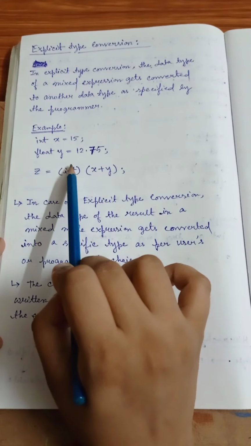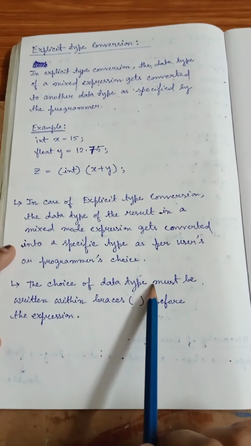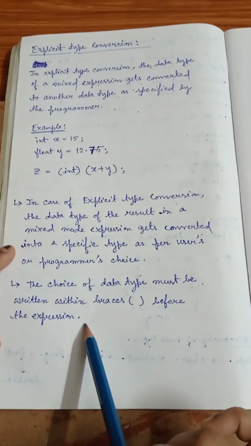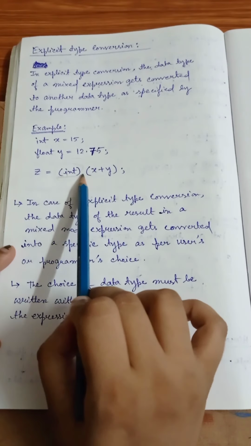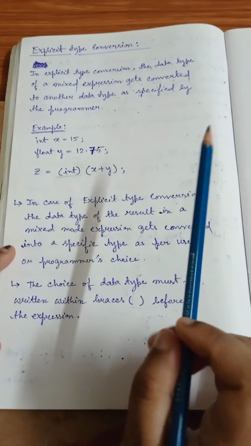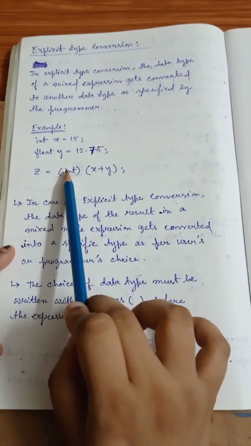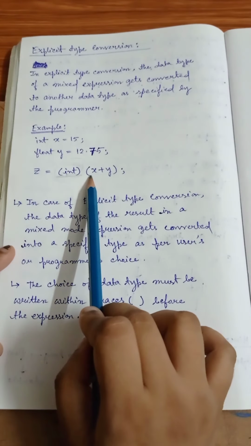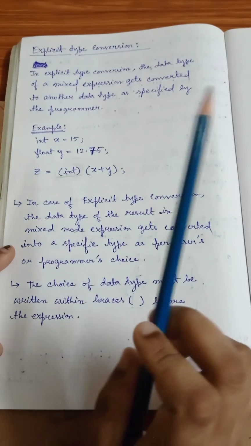So the result is int. The choice of the data type must be written within the brackets before the expression. So in case of explicit conversion, you have to write your desired data type within the bracket before the expression. So here x + y, the value is converted into int.